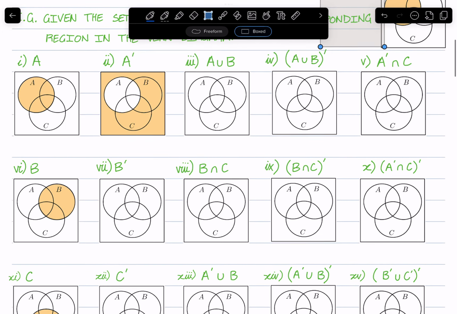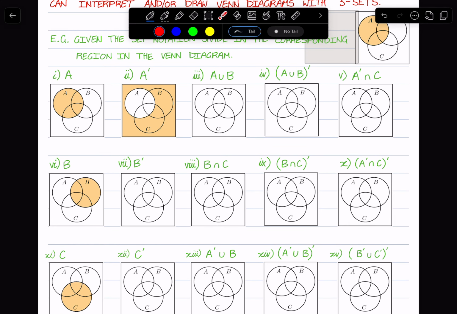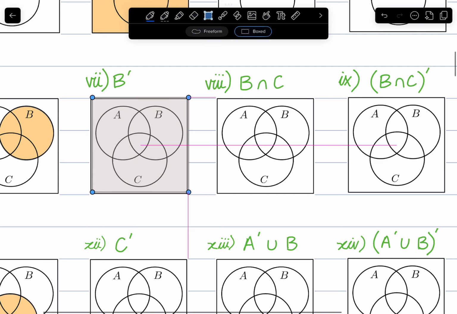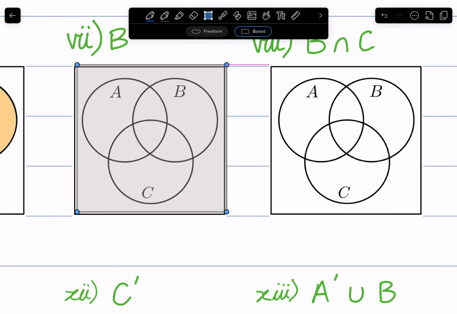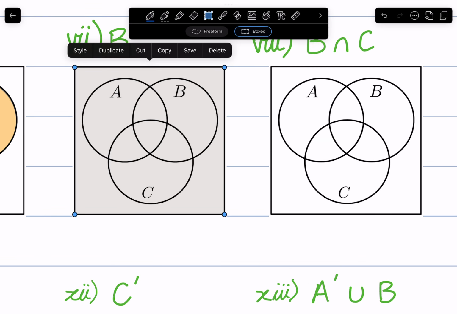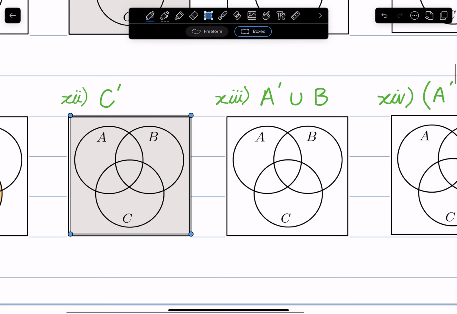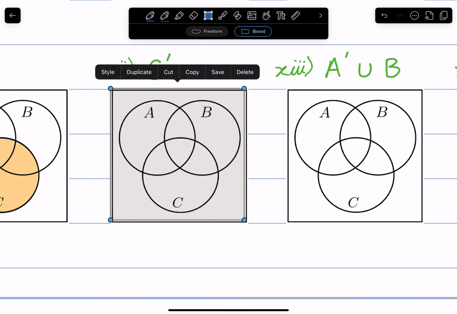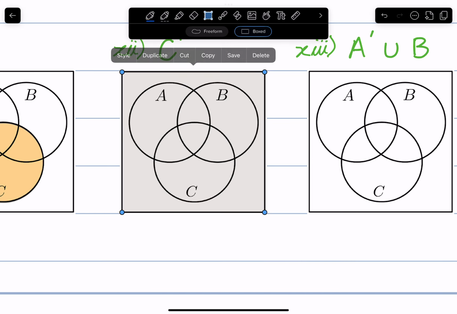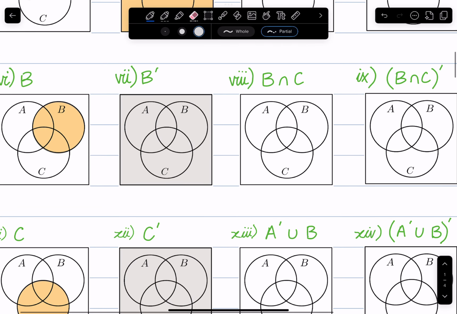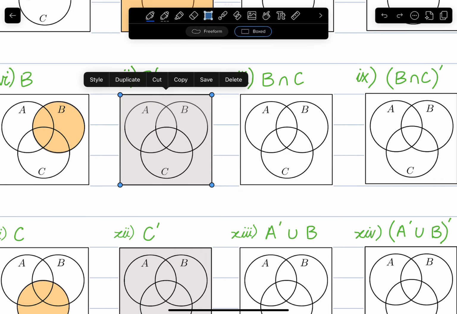Since we know it's going to be the same for all of these, A, not A, well, for B, same thing. So not B is everything outside of B. Let's prepare that for C as well. Line up, please. There we go. Everything outside of B is not B, or the complement of B. Let's make these orange.